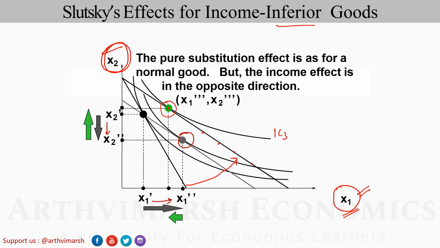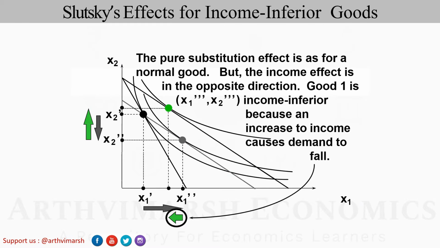But when the income effect is studied, it works in the opposite direction: X1 is falling and X2 is increasing, from this point to this point, from IC1 to IC2. As a consequence X2 increased, so they are working in opposite directions here. So good one is income inferior, because an increase in income causes demand to fall.